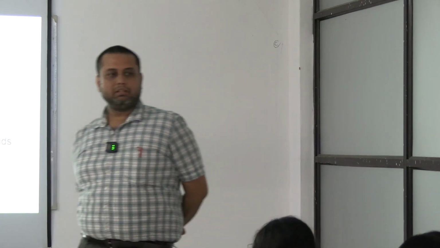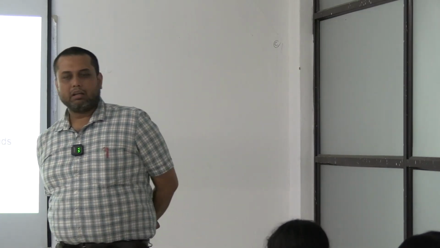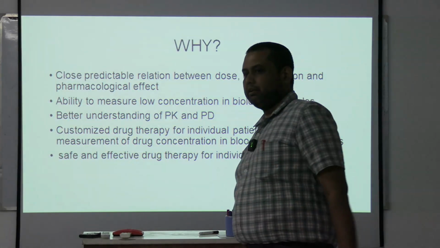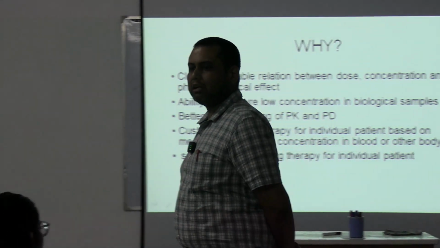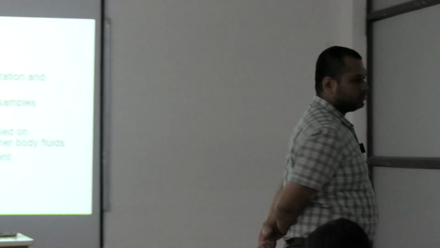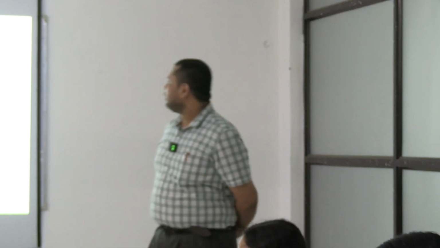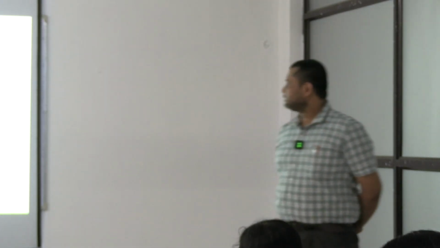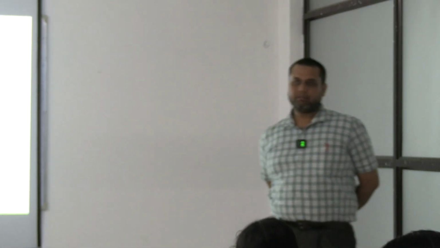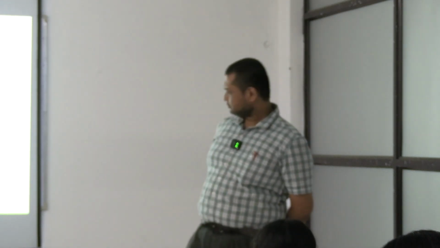Now that has to be taken into account. Now what is available in the market is there. So that is what you mean by customized drug therapy for individual patient on measurement of drug concentration in blood or other body fluids.